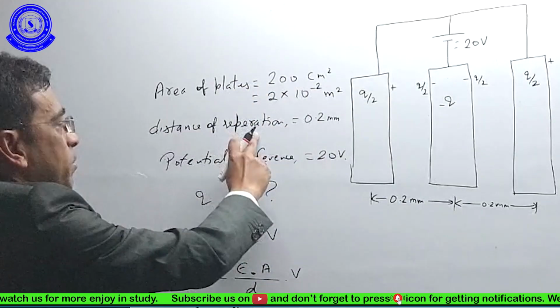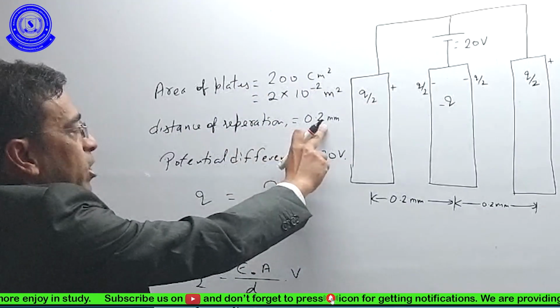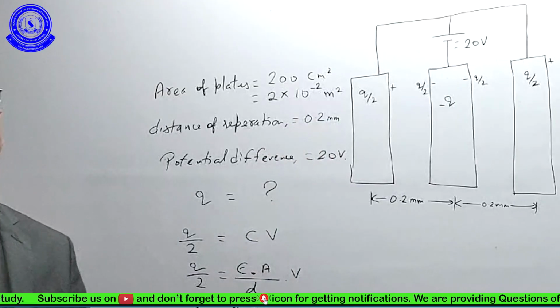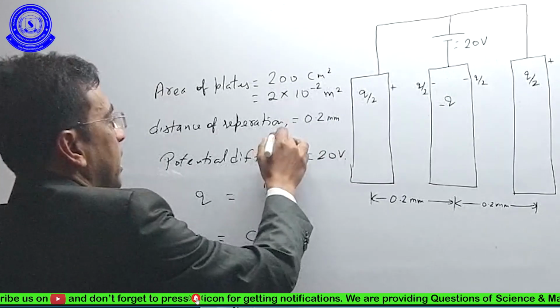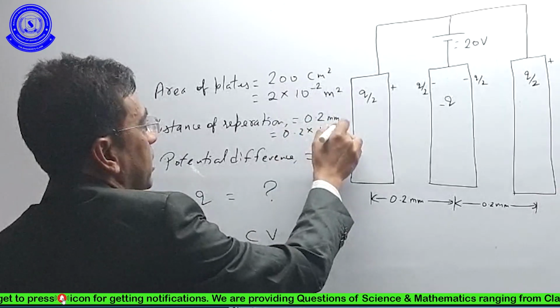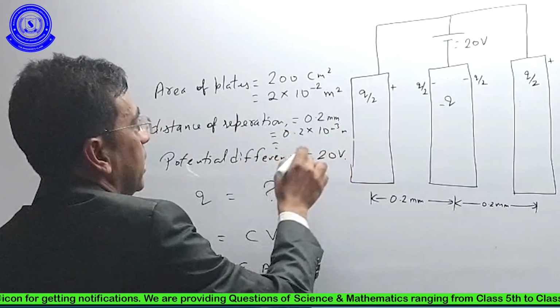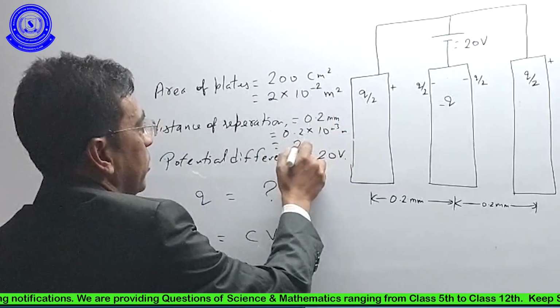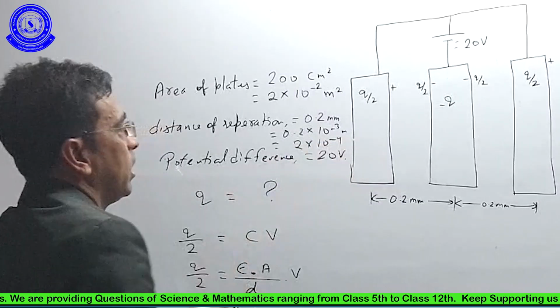Again, the distance of separation is 0.2 millimeter, and if we change it into meters, it will be 0.2 into 10 to the power minus 3 meter, which is 2 into 10 to the power minus 4.